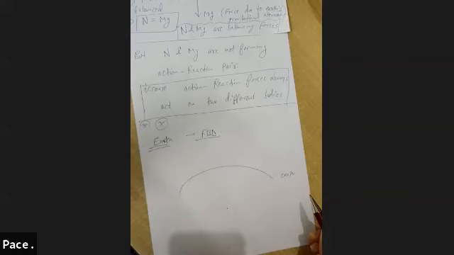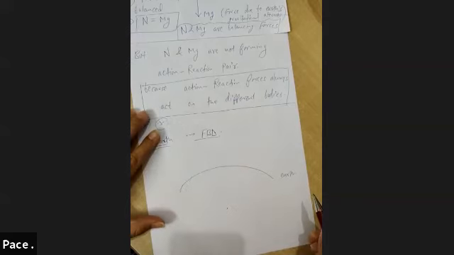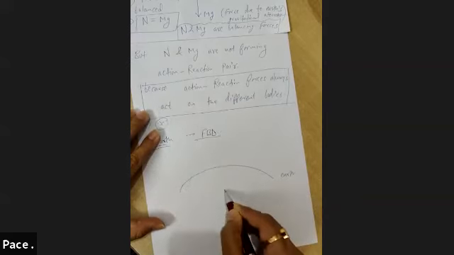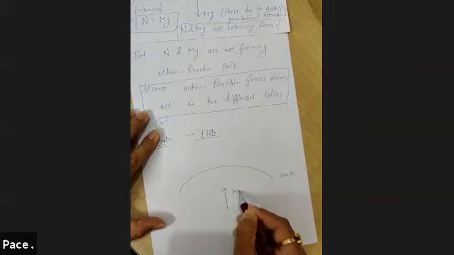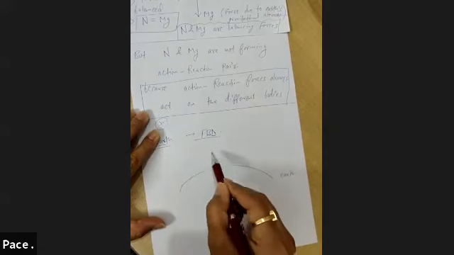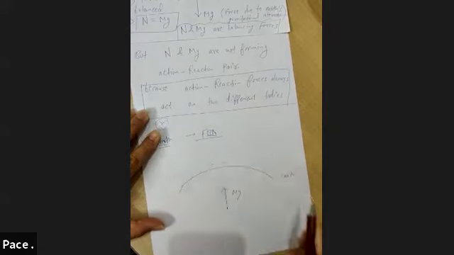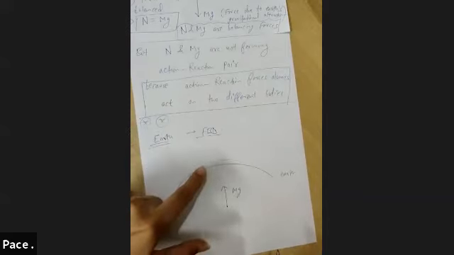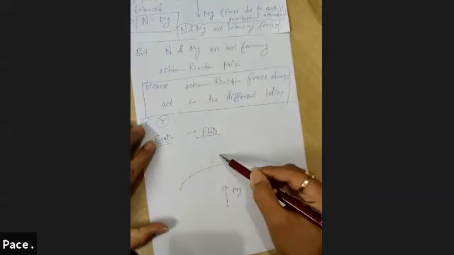And can I say the same amount of force will be applied by that body on the Earth? The block was placed over here, so this Earth is attracting this block towards the center.